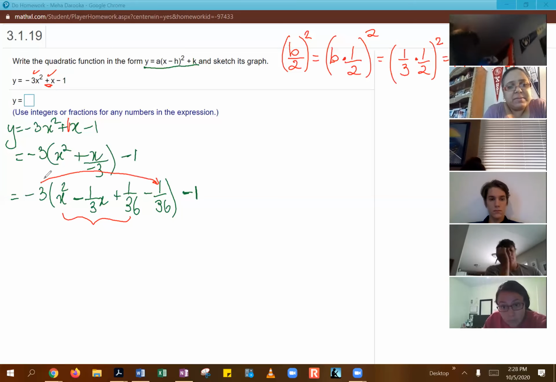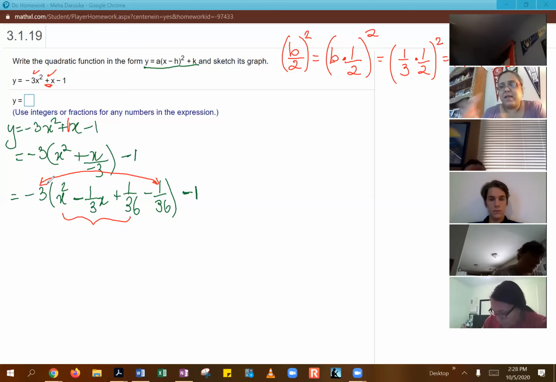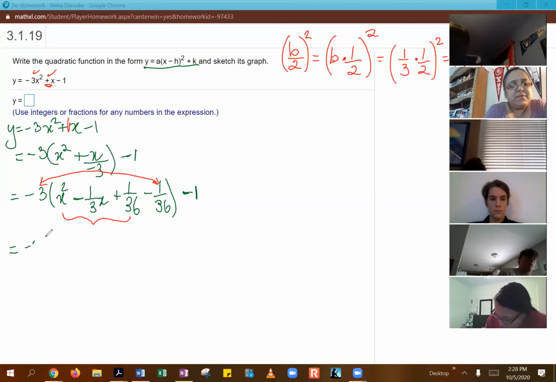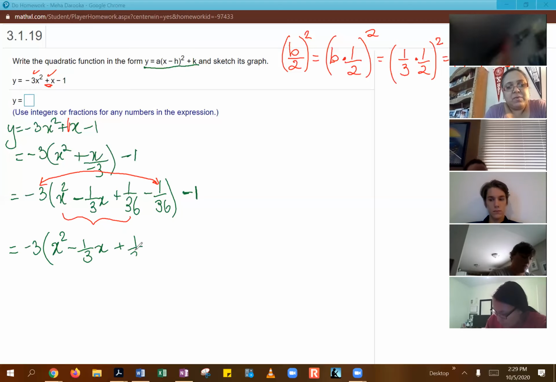So you need to multiply this -1/36 with -3 when you're bringing it outside of the parentheses. So you should be left behind with -3 on the outside, x squared minus 1/3 x plus 1/36 inside the parentheses. So the first 3 terms.